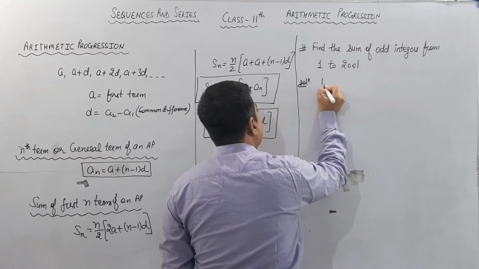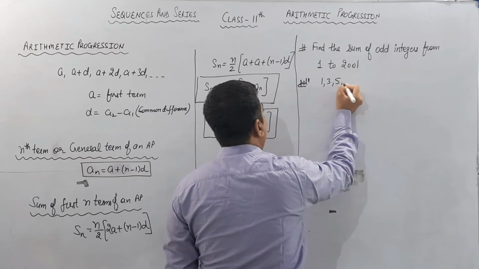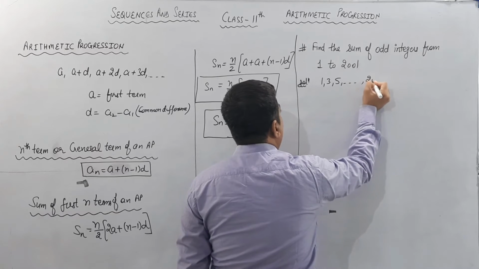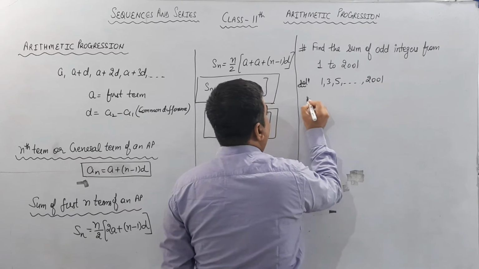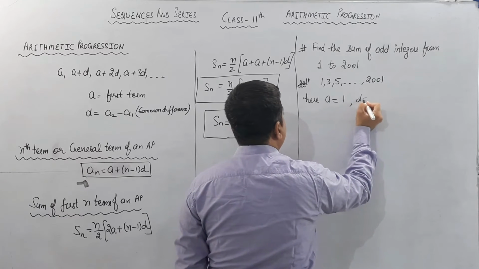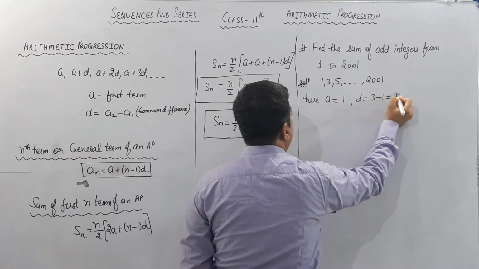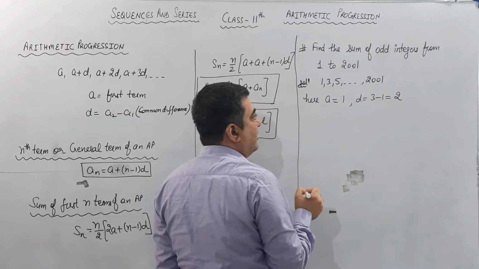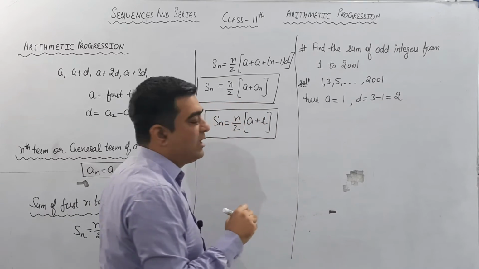Then odd integers are 1, 3, 5, ..., 2001. Here first term is 1 and D equals A2 minus A1, so D is 2. If we have the number of terms, then we can find the sum.